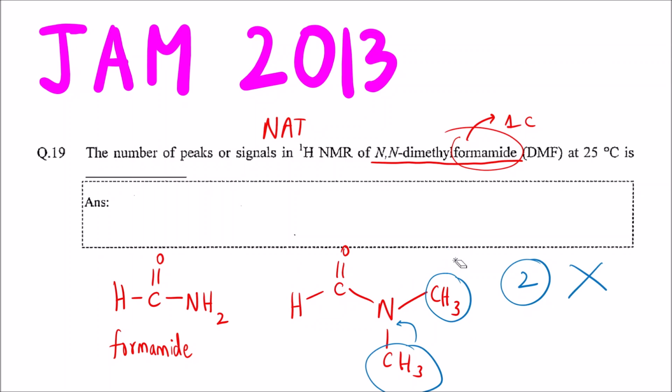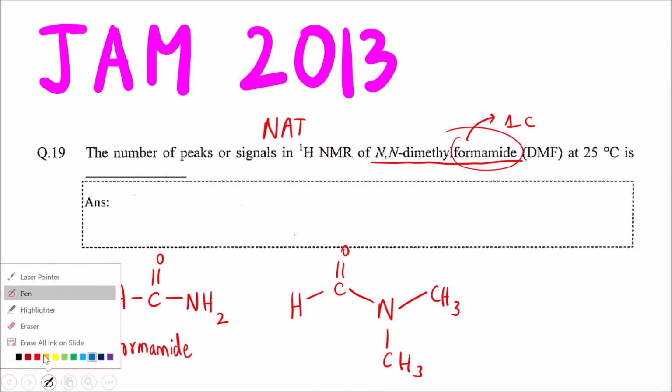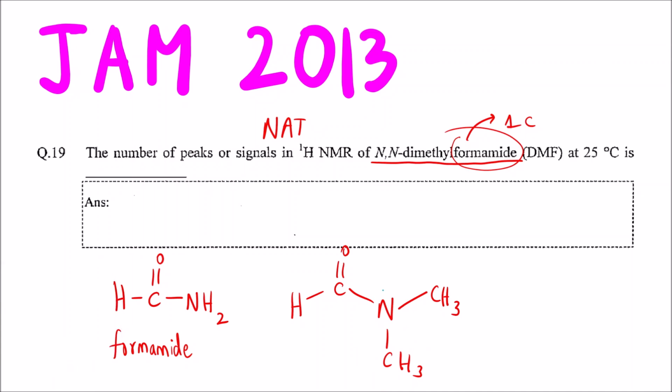Like the bond rigidity in an alkene, here also the nitrogen is involved in resonance with the carbonyl group. If I draw the other resonance structure, it looks like this: O minus, oxygen having 3 lone pairs, then double bond, then nitrogen, then CH3 and CH3.